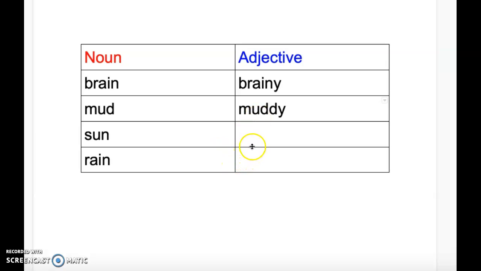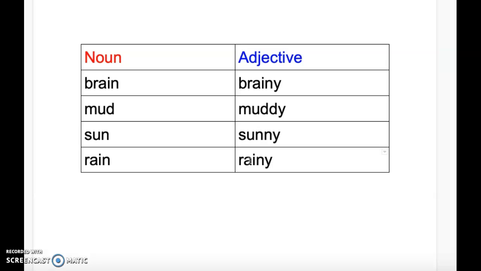We have to double the D because we want that U to stay a short sound. If there is sun outside, which is a noun, we could say an adjective, it is sunny. Again, we have to double the N. If there's rain outside, we can say it's rainy.